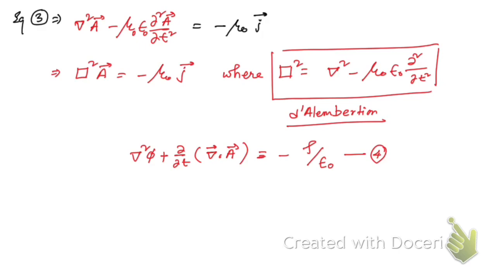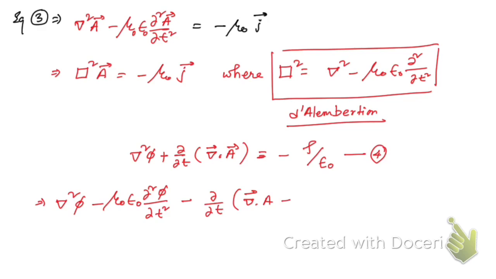Simply we can write it this way: minus epsilon naught and mu naught del 2 phi by del t2, minus del t of divergence of A, plus mu naught epsilon naught del phi by del t.